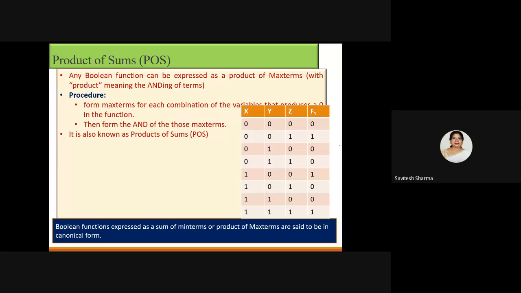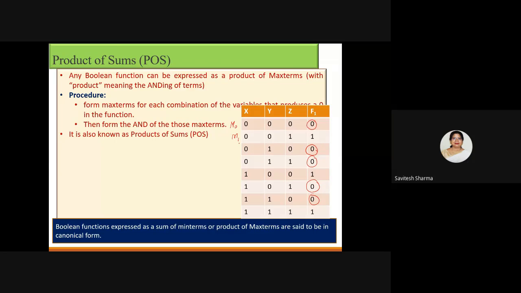For the SOP, I was concentrating on the 1s, but here you will do the opposite. These are my combinations for max terms. So to write a POS form, I concentrate on the combinations that produce 0 at the output.